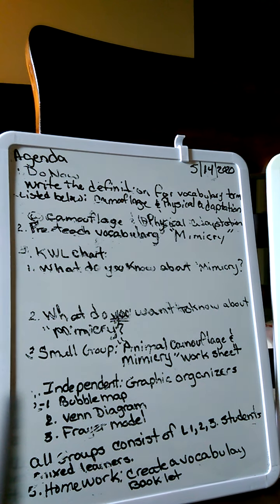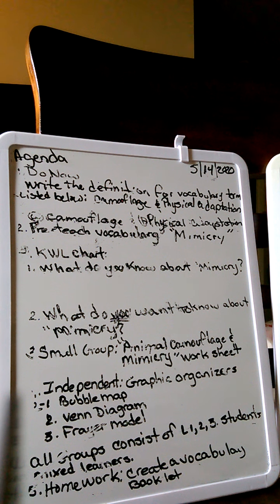Okay, so now that we've finished, we've touched all bases. Did we define the term mimicry using the technology? Yes, we did. Did we explain and describe camouflage, physical adaptation, and mimicry using KWL chart and graphic organizer? Yes, we did.